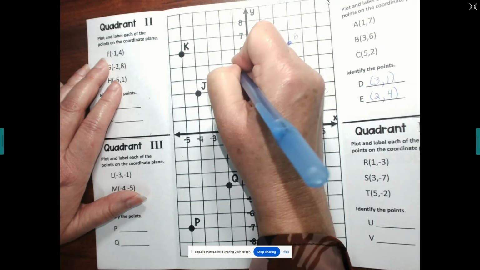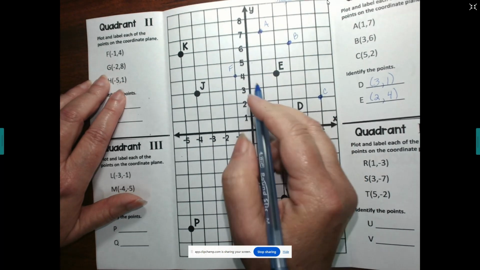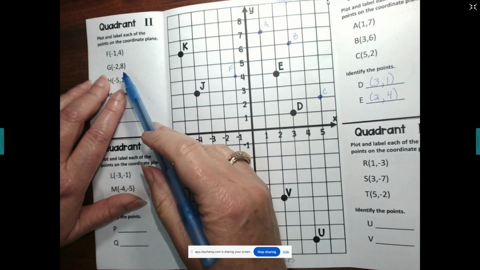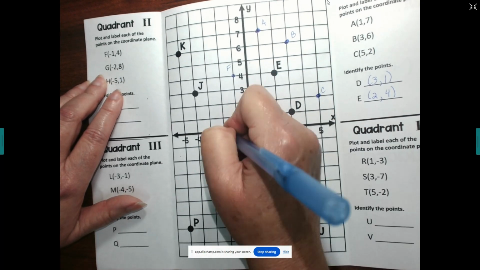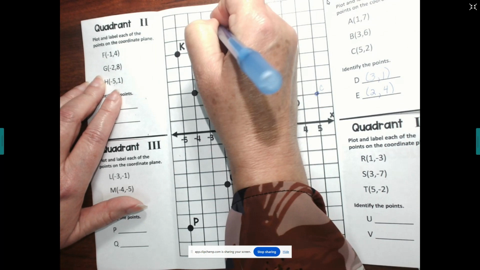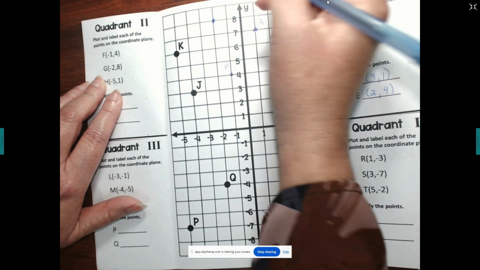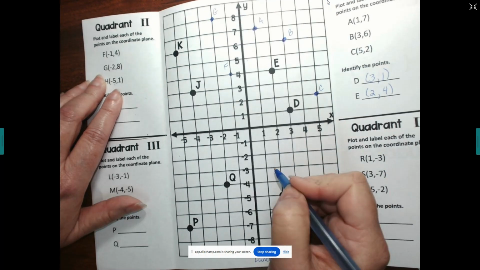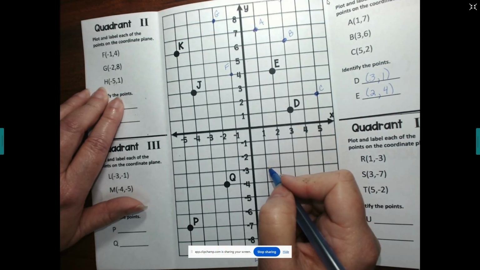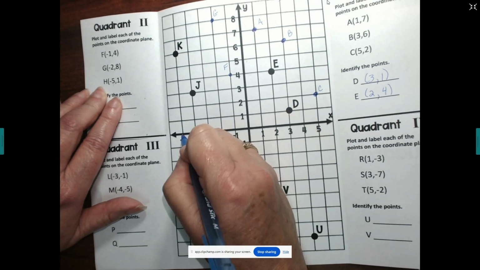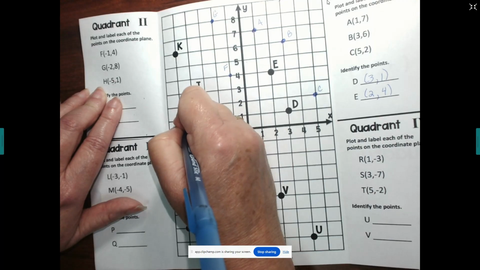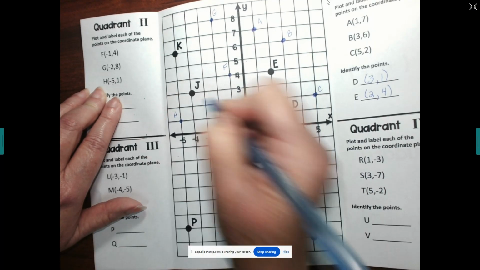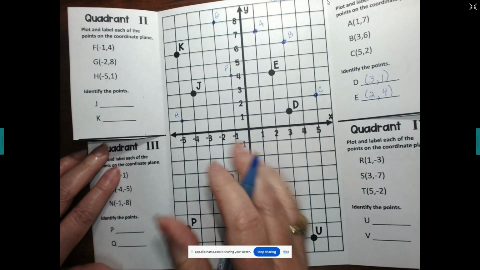That is point F. Then we've got negative 2, 8. So I'm going to the negative 2 and then up to the 8. That is point G. And then point H, I'm going to the negative 5 and then up to the 1. That is point H. Make sure you are labeling your points.